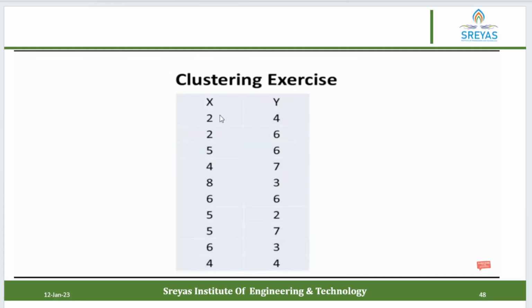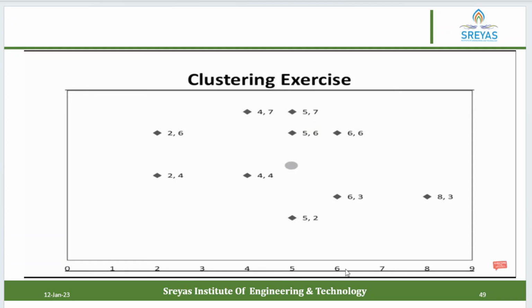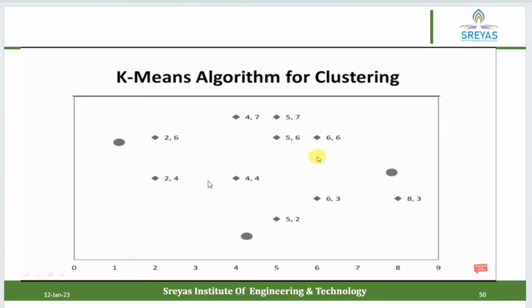Let's see an example of the clustering exercise. I have taken the X values and the Y values, two different sets of data points. If we assign these data points in the form of X and Y coordinates, these are the data points we have assigned here. I have taken this point as one random cluster center point or seed point.